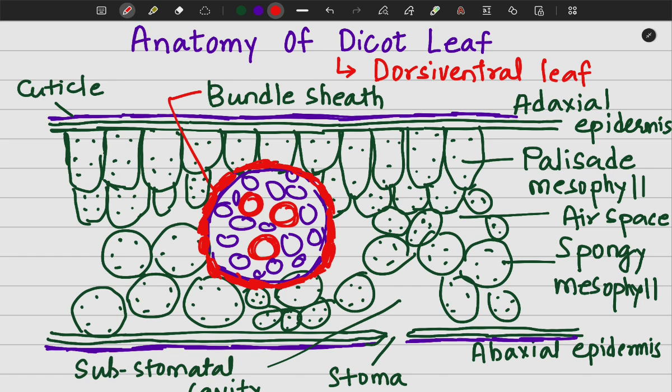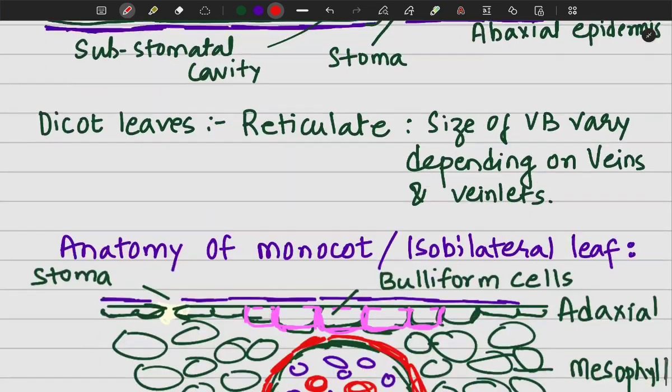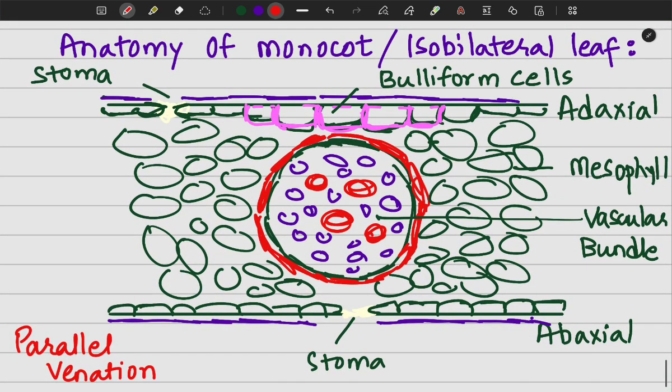All the structures and the parts would be similar, except that in case of monocot leaf, the stomata will be present equally on both the surfaces of epidermis, and mesophyll will not be differentiated into palisade and spongy parenchyma. The size of the vascular bundles are almost similar or the same, and besides that, the adaxial epidermis have bulliform cells, and I mentioned the function of bulliform cells. So I hope everything is clear to you.